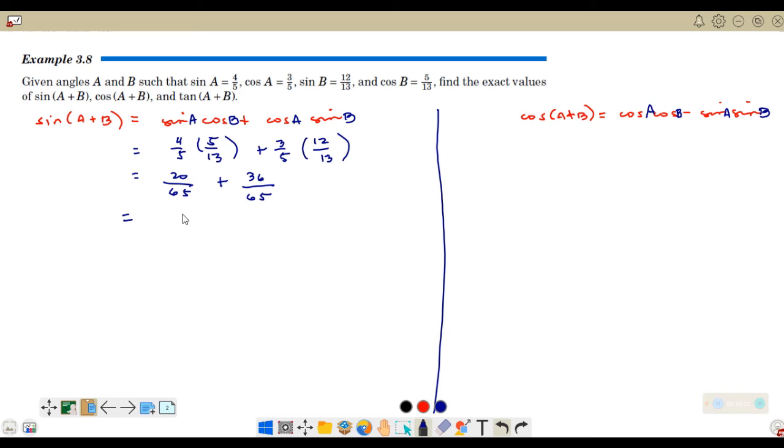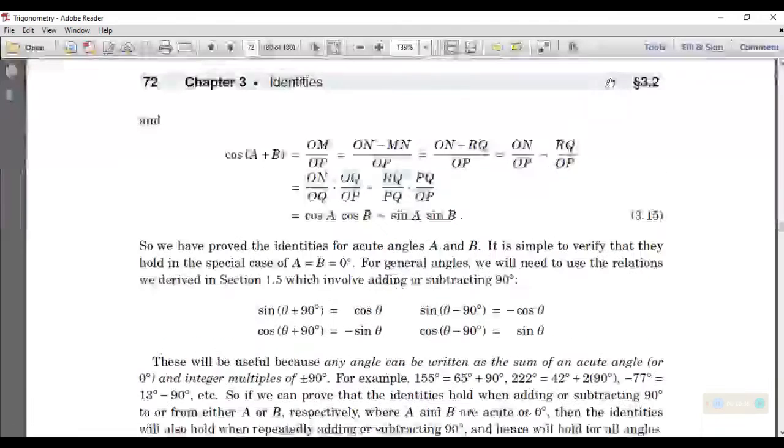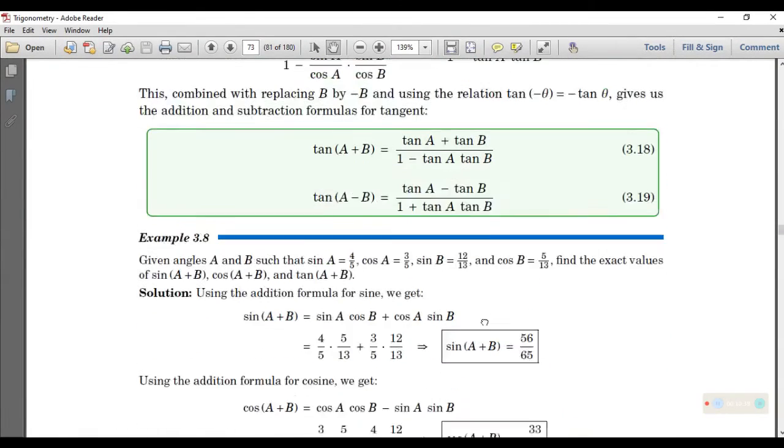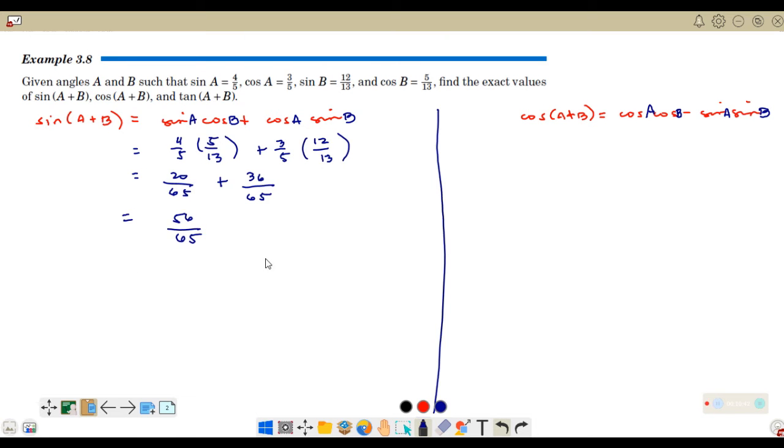Next, we have 20 plus 36. We have 56 over 65. Is it possible to reduce it to lowest terms? Parang hindi na. Hindi na siya mare-reduce into lowest terms. Sagad na yan dyan.